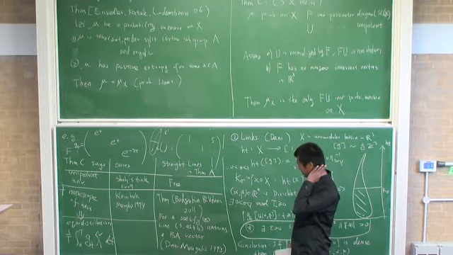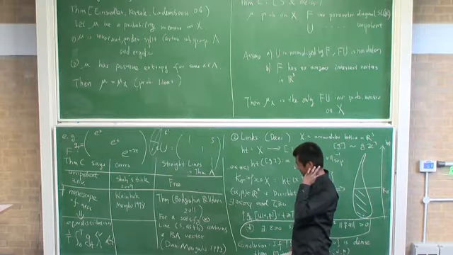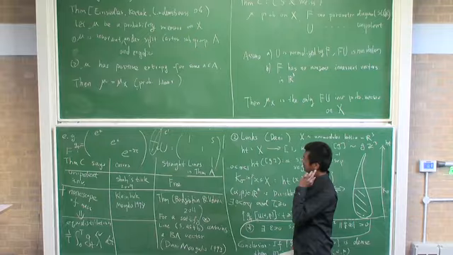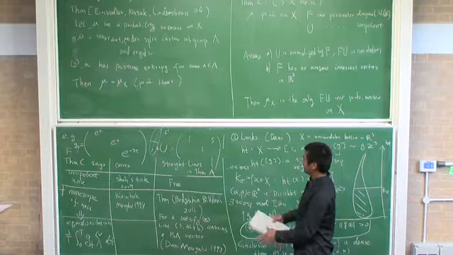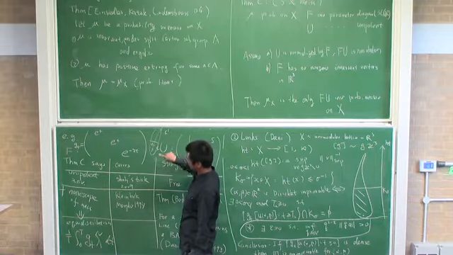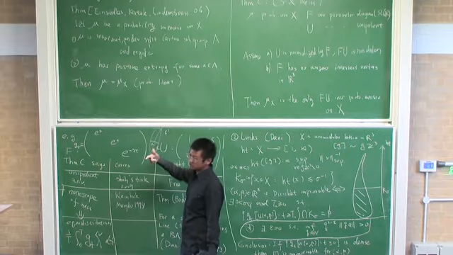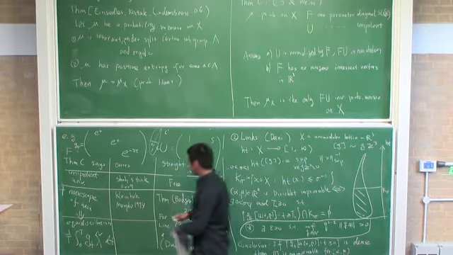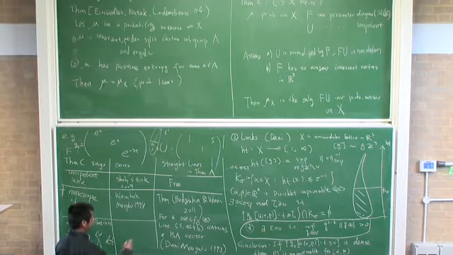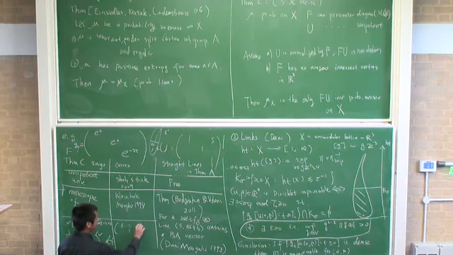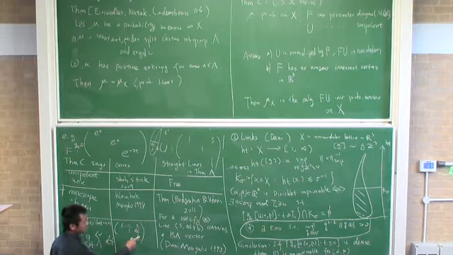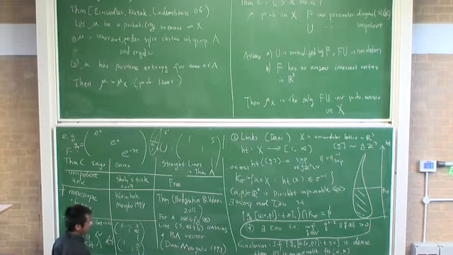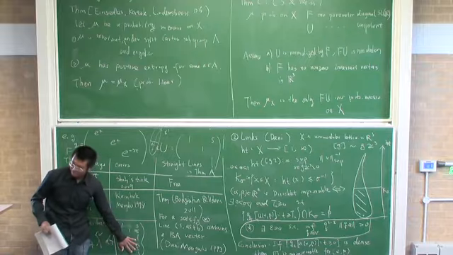So how do you conclude the non-escape of mass? Okay, there is a point in a compact subset, and the straight line is a unipotent trajectory of some point x0 in the homogeneous space.